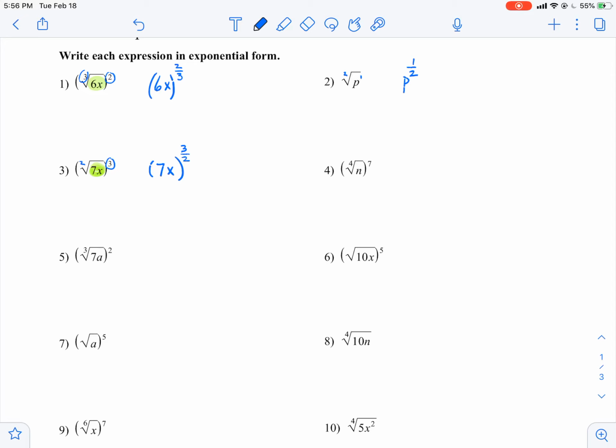Okay. Next one, just the n is under the radical. You have exponent over index, or power over root. Next one, again, the 7a is all under the radical, therefore it must go in parentheses. Our power is the 2, the root is the 3.